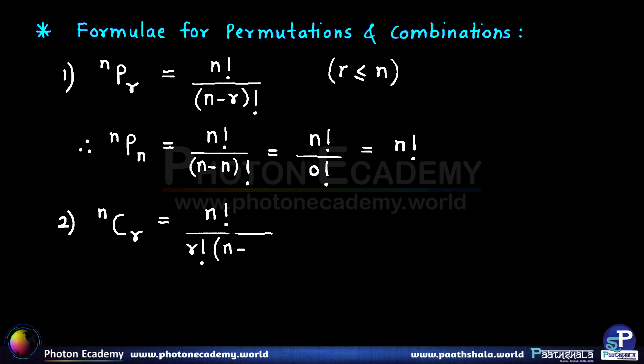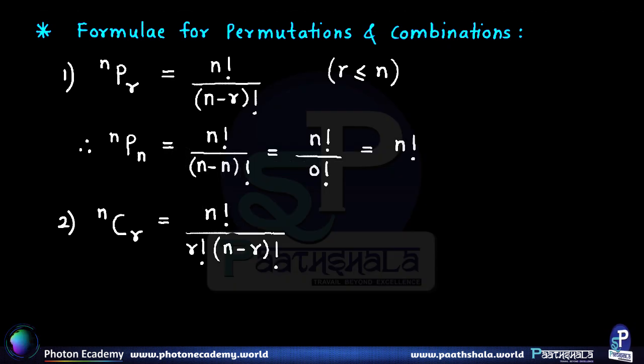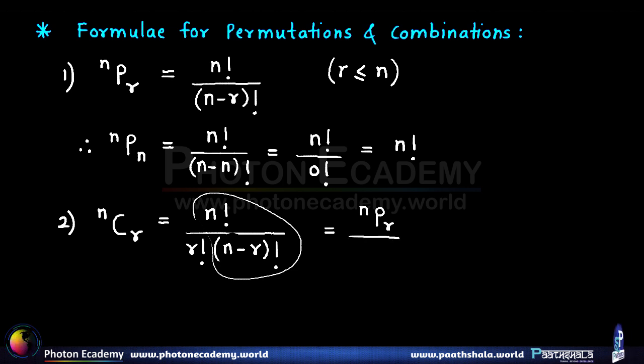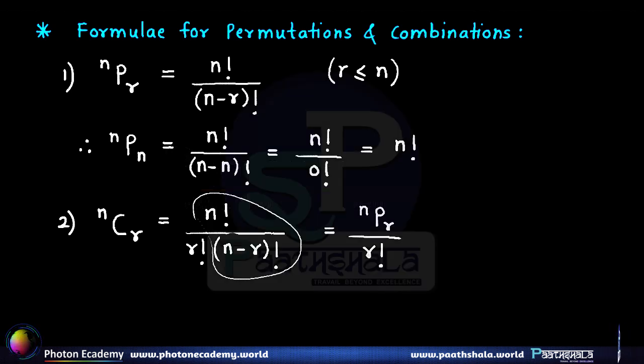As we can see, nCr is nothing but nPr divided by r factorial. This factor of r factorial comes because in a combination the order is not important, so the number of permutations gets divided by r factorial.